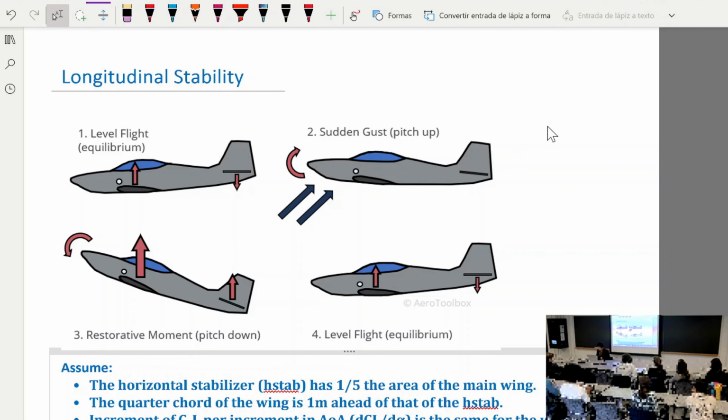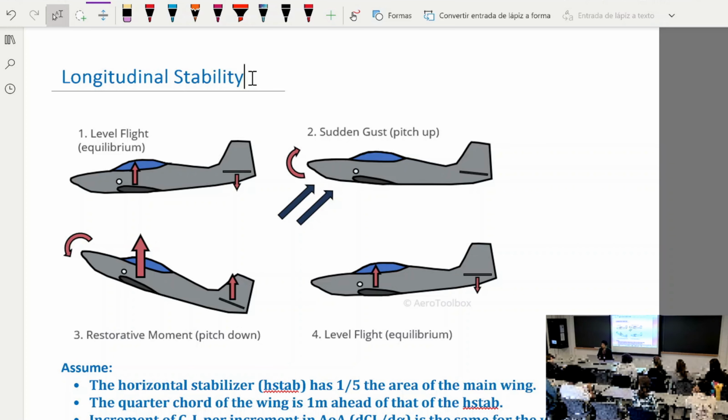So today we're going to start looking at the effect of multiple surfaces. Before we introduce the effect of the lifting line theory, let me just go over the concept of longitudinal stability and, a little bit later, lateral stability, and then we'll look at how the induced flow is going to modify the stability of airplanes.